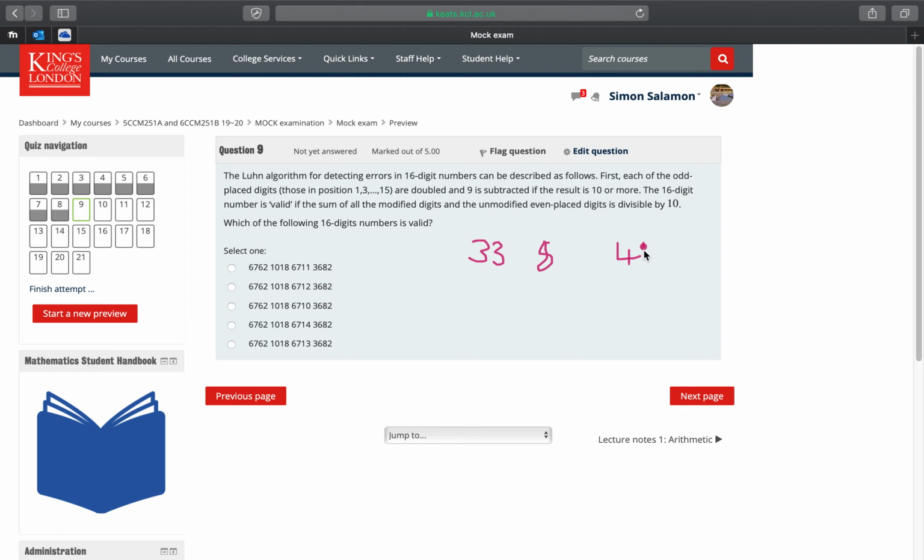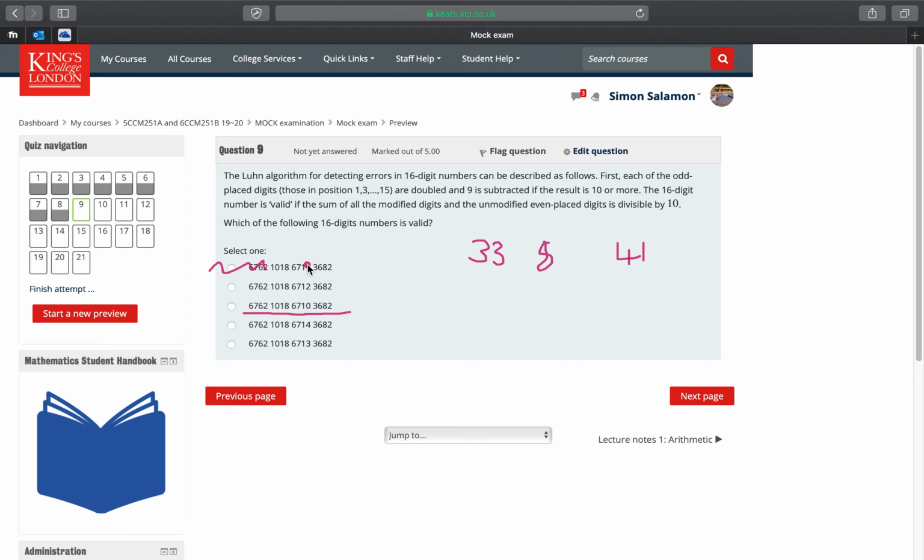That's not divisible by 10, so this is false. But all we have to do is, if we could subtract 1 in one of the odd placed positions, we'd be okay. And if you just look down the line here, this one is looking pretty good, because this is identical apart from the 1 in the 4th, the even position here.